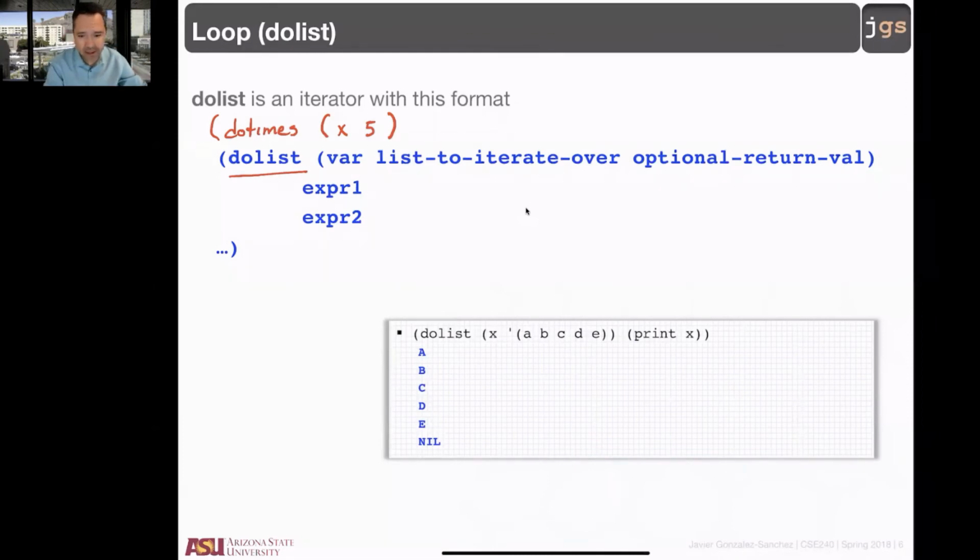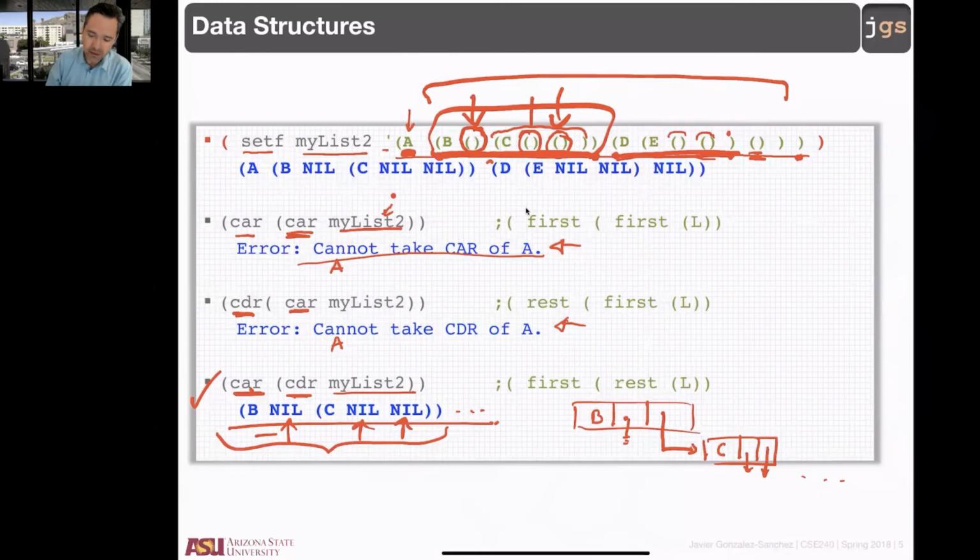For dolist, we also need a variable. The variable that is going to have one by one the elements of the list. And then we need the list. Use dolist, my variable x, and here, the list that I am going to iterate. It could be a list like this, apostrophe, parentheses, and the values, or it can be, like before, the name of a variable that we can create with setf.